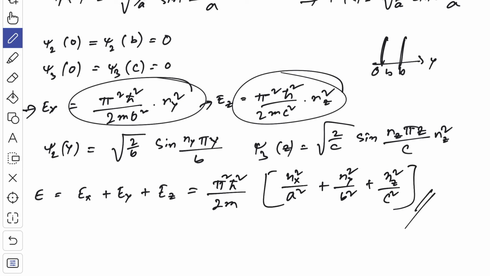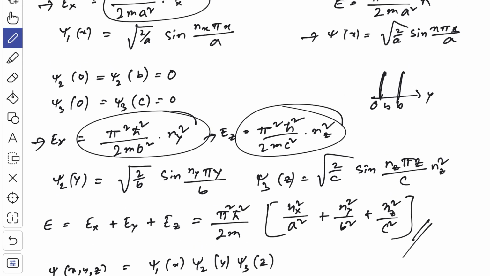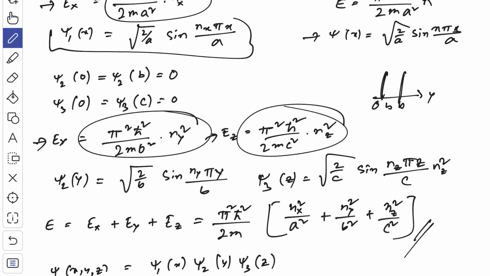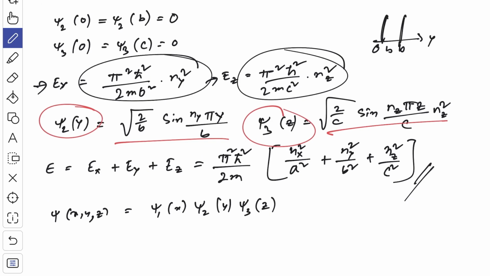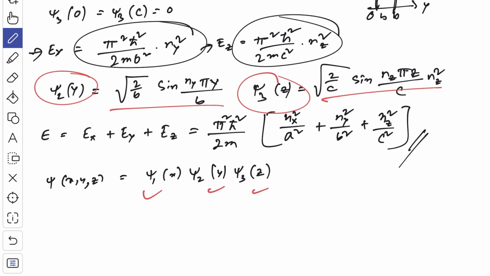Okay, and the total normalized wave function, psi of x y z, is nothing but the product of psi 1, a function of x, psi 2, a function of y, and psi 3, a function of z, product of these three, isn't it? If you put the values of psi 1, psi 2 and psi 3 in this equation, you will get the total normalized wave function.